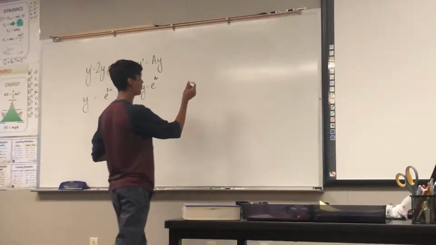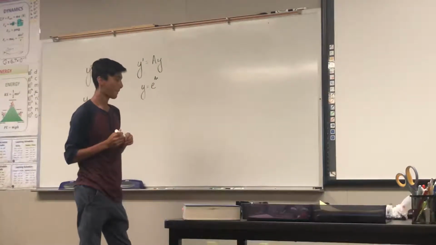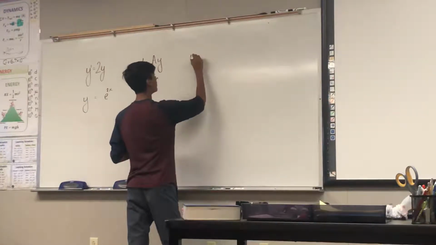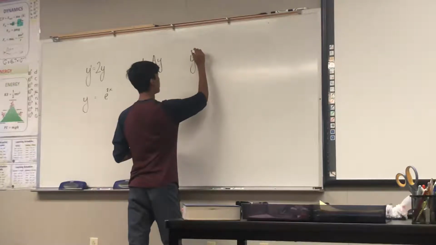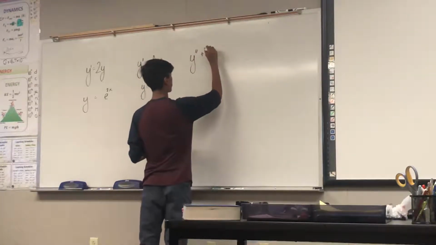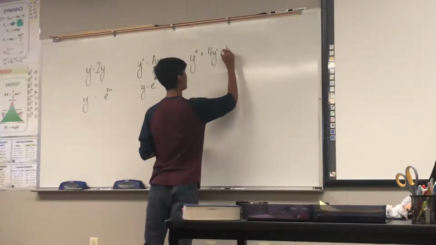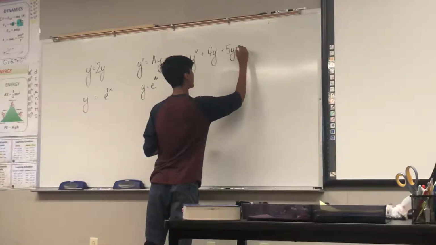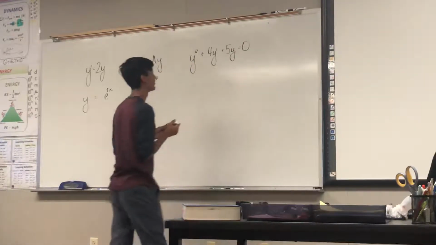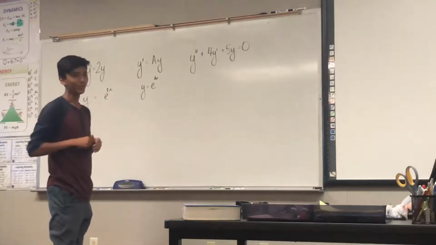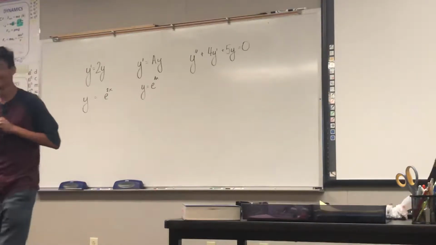Let's try something a bit enticing. y double prime plus 4 y prime plus 5 y is equal to 0. I'm not really expecting you to understand this, but if you do, that's amazing.